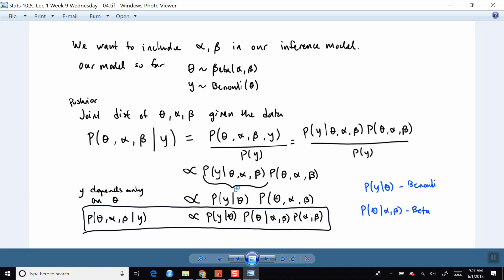In and of itself, we can get rid of the alpha and beta terms because it's just going to be y given theta. And then we can factor the probability of theta, alpha, and beta into theta as determined by alpha and beta, which would be the beta distribution, and then our prior distribution on alpha and beta, for which we're going to use an uninformative prior.